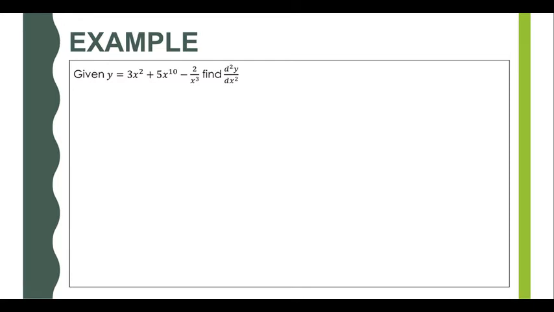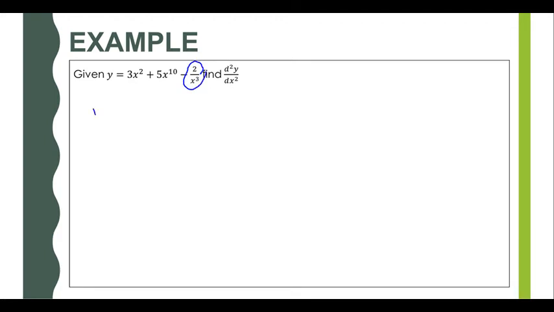So if we have a look at this example, we're given a function and we're asked to find the second order derivative, d squared y over dx squared. So firstly, we need to differentiate once, but to do that we need to rearrange the way this equation is written, as we cannot differentiate 2 over x cubed.